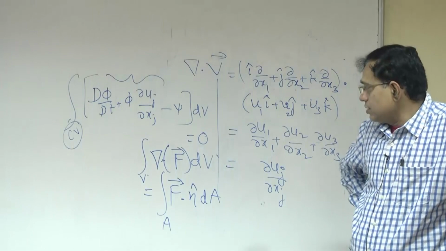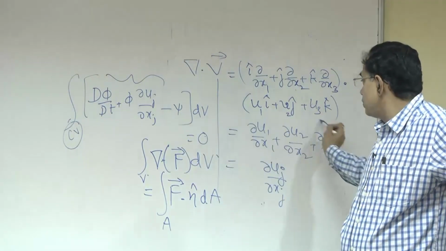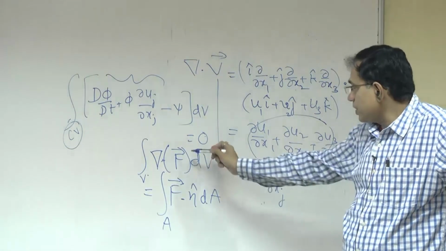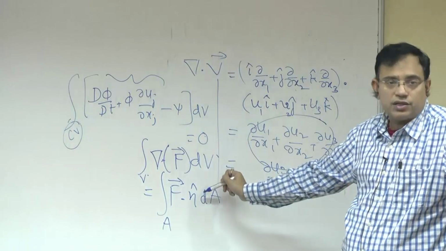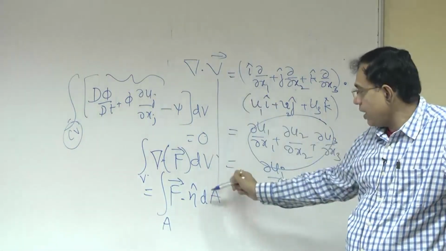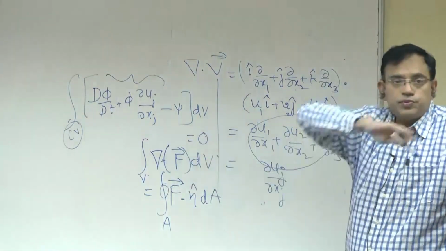So, you can replace the divergence, which is the spatial change, with the area integral, where n is a unit vector normal to that area dA, and this area is the entire contour which bounds the volume.